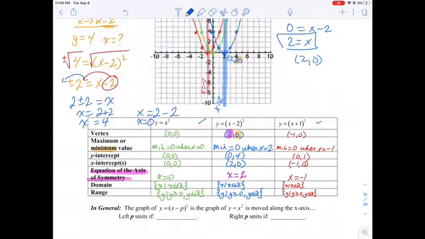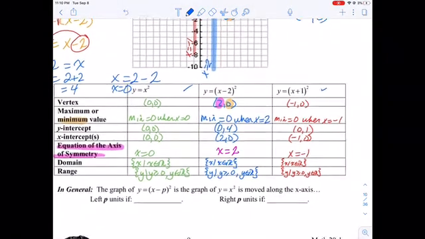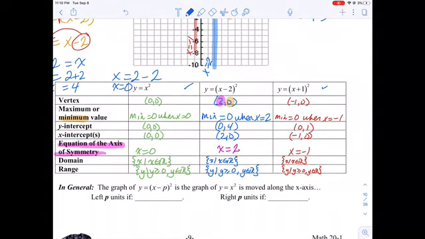Okay, so hopefully you had a second or a minute to try that and were able to complete those values. In general, the graph of y equals x minus p all squared is the graph of y equals x squared moved along the x-axis. It moves left p units if p is less than 0. So if p is negative, we go left.